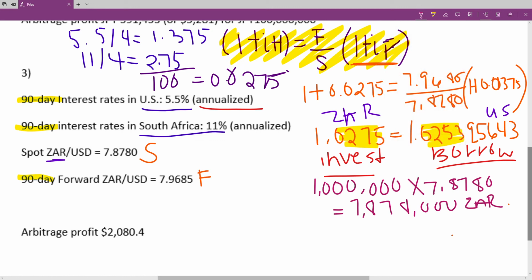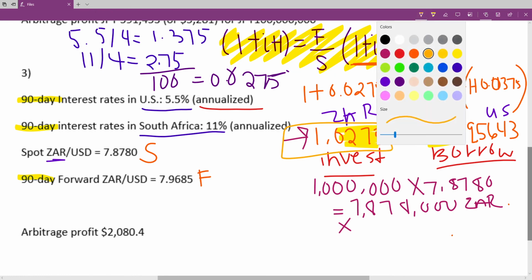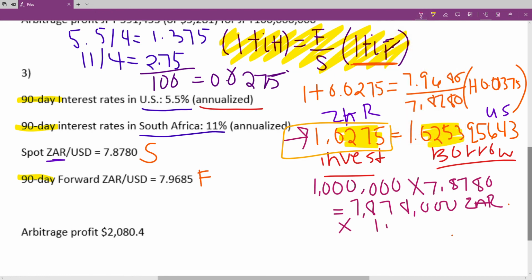So we take our 7,878,000 times the interest rate of return, 1.0275, and that gives us 8,094,645. Okay, so this is 3 months later.